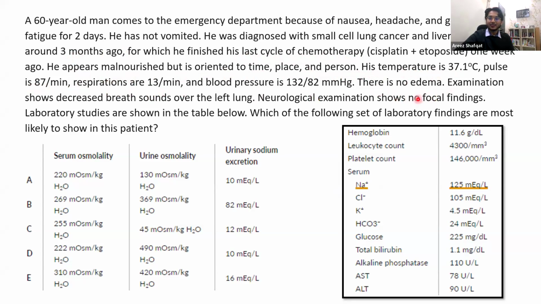There is no edema. So he's not hypervolemic. Examination shows decreased breath sounds over the left lung. Neurological examination shows no focal findings. Laboratory studies are shown in the table below. Which of the following set of laboratory findings are most likely to show in this patient's condition? So he has a serum sodium of 125, severe hyponatremia. What would be seen?